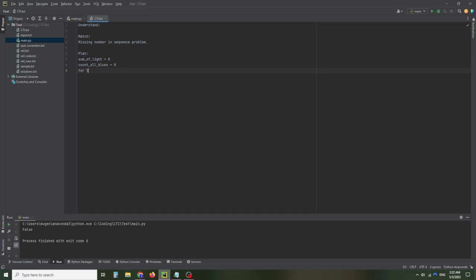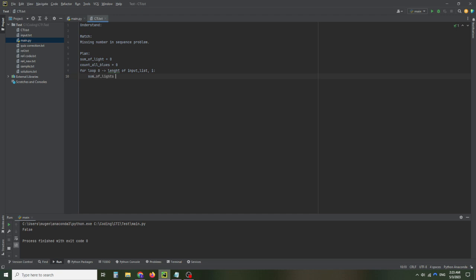So I'm going to need a for loop here, ranging from 0 to the length of the input list. I'll be using i. So let's see. I'm going to find the sum.